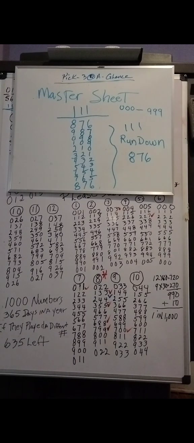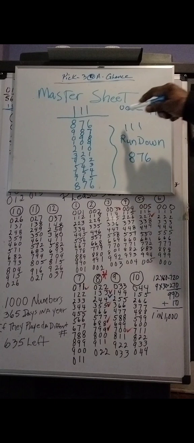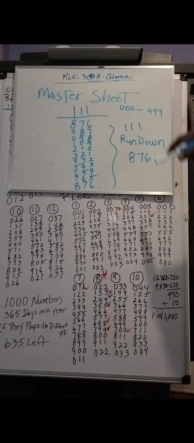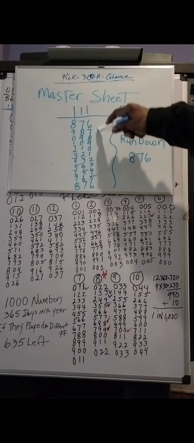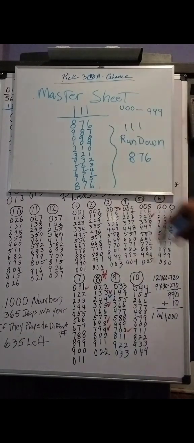Which, like I say, is not set up for you to win, but set up for you to lose, because you've got 1 in 1,000 odds of hitting those numbers. So what these rundowns do is try to lessen the numbers that you have to choose from to win for the next day.